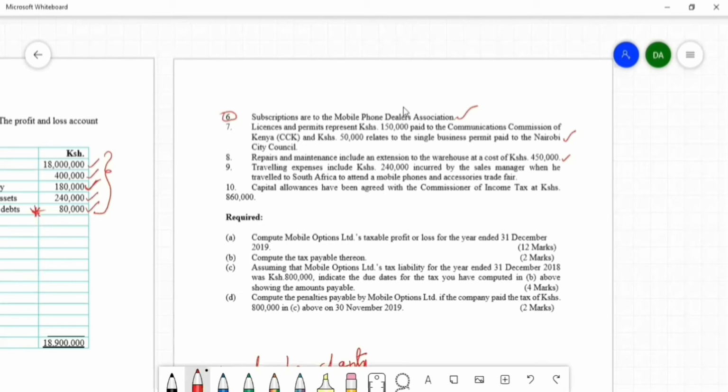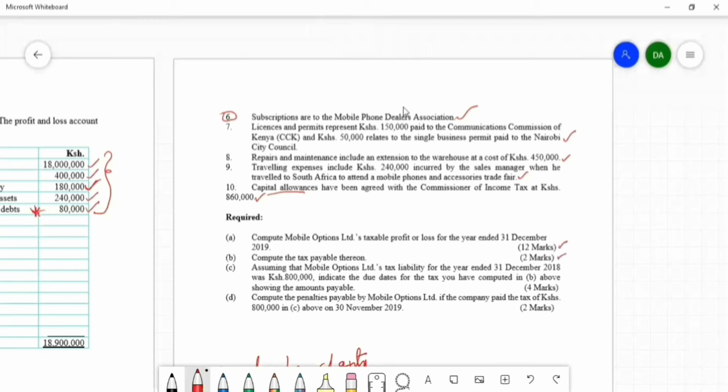This is an allowable expense. It is a business expense. Then we are told that capital allowances, which we call investment allowances, have been agreed with the Commissioner of Income Taxes to be 860,000. You are required to determine Mobile Options Limited taxable profit or loss for the year ended 31st December 2019, and then compute the tax payable.